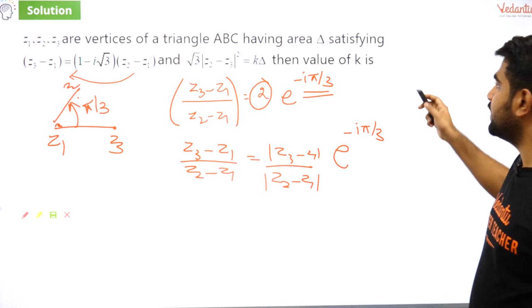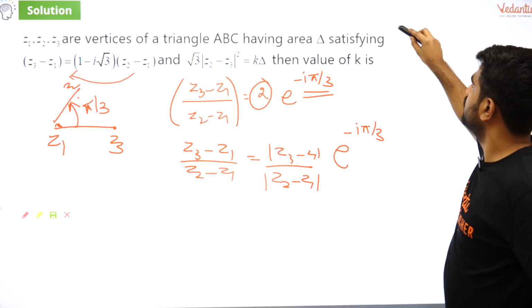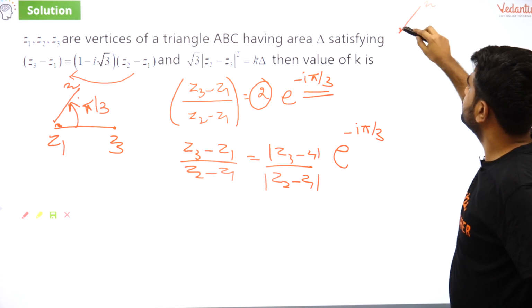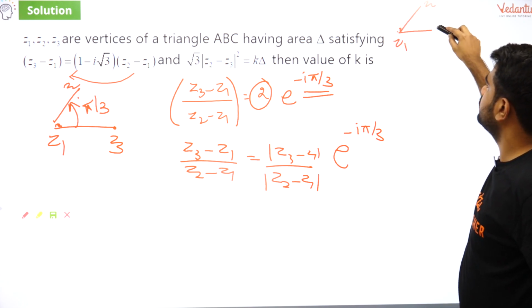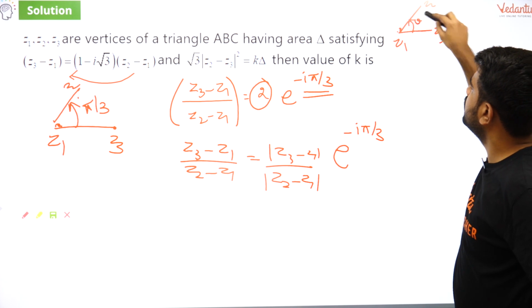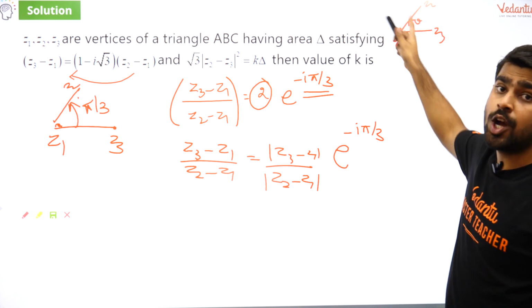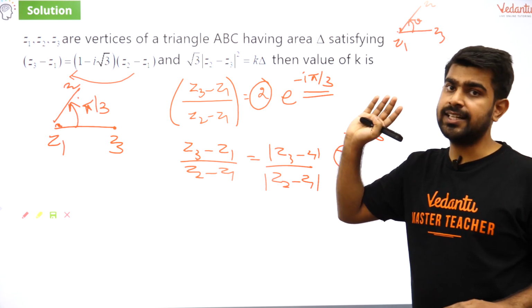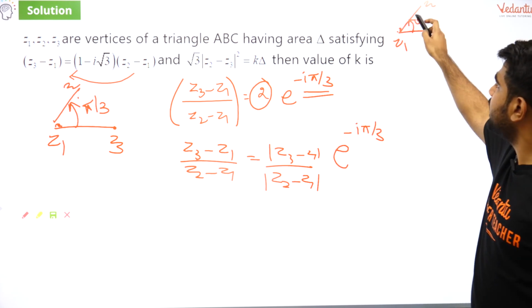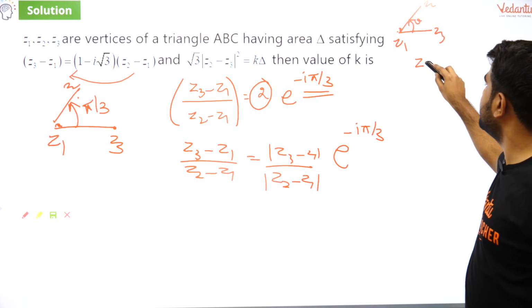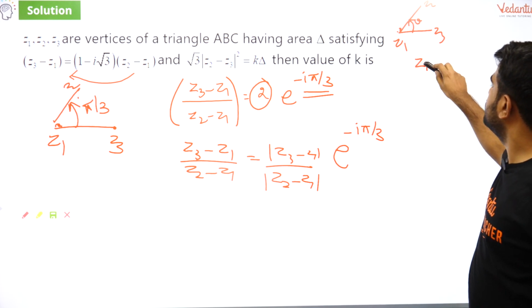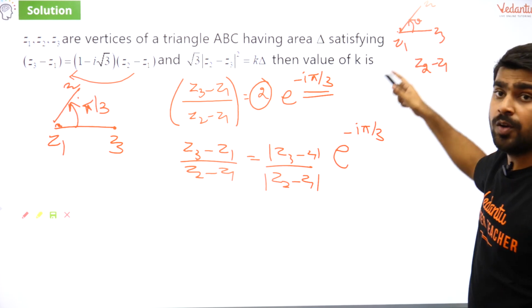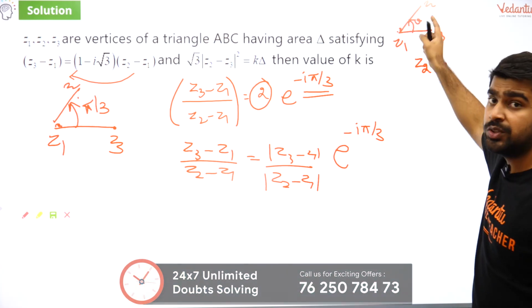If you are not getting it, I will just give you a simple example. Whenever you have a rotation like this, so let's say theta. Now theta is in the anti-clockwise direction. Is that clear? Now the rotation for this, how will I write it? I will write it as Z2 minus Z1. I will always write where the arrow points to first.